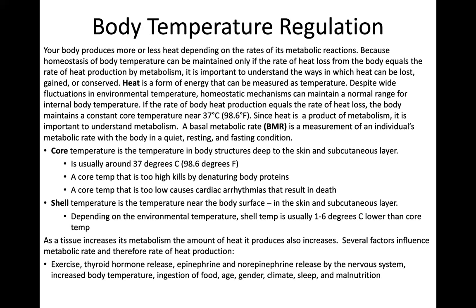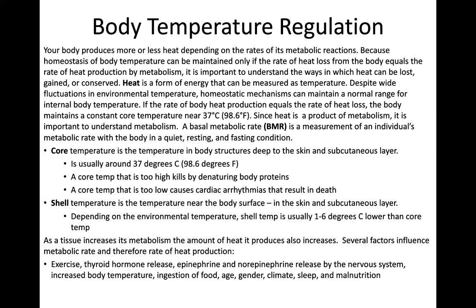If the rate of body heat production equals the rate of heat loss, in other words, if we produce as much heat as we're giving off, the body maintains a constant core temperature, which is what we want, around 37 degrees Celsius or 98.6 degrees Fahrenheit. Since heat is a byproduct of metabolism, it is important to understand metabolism to understand body temperature regulation.